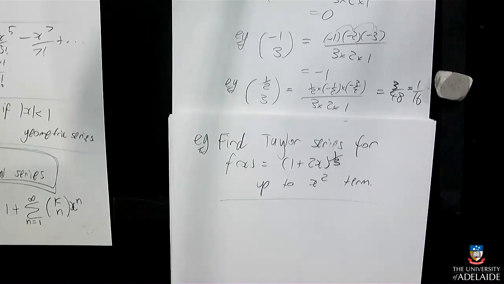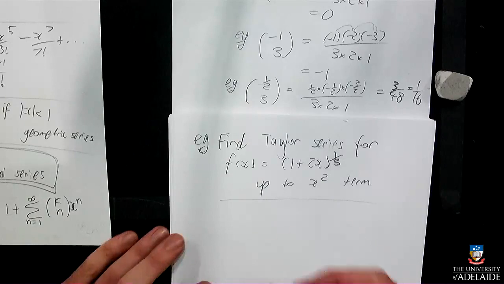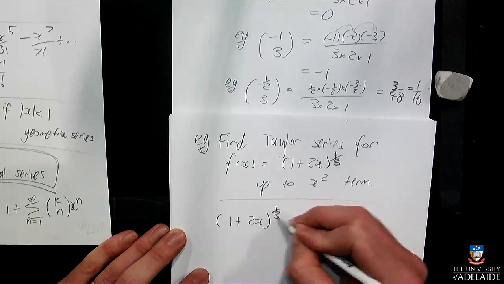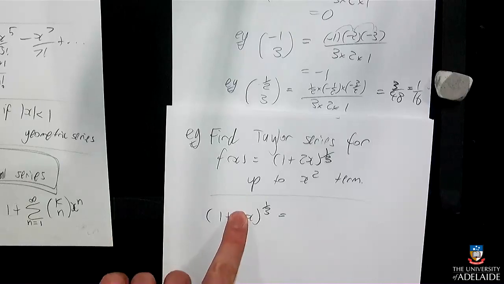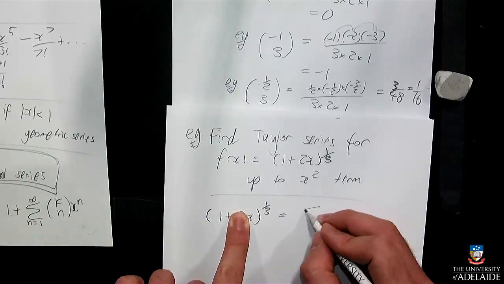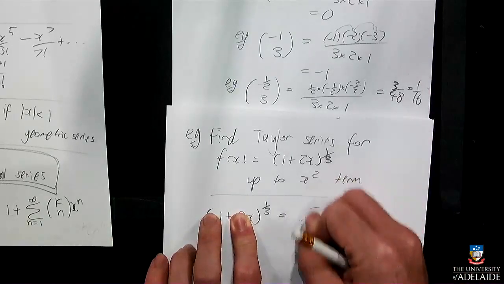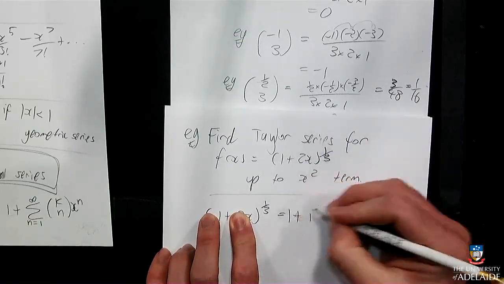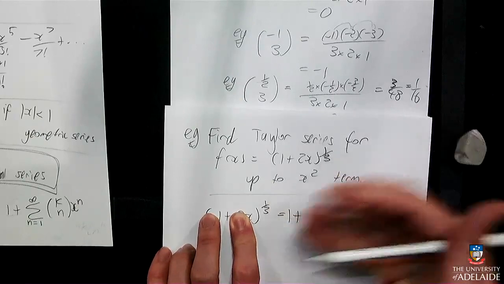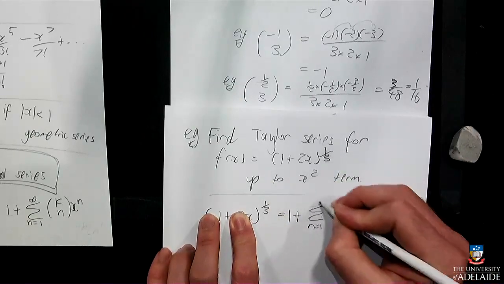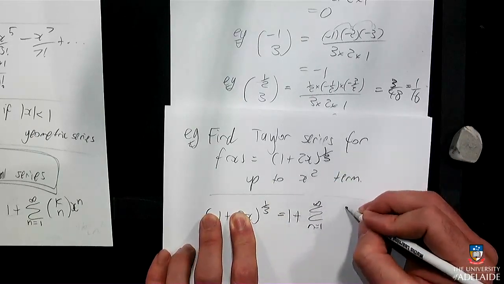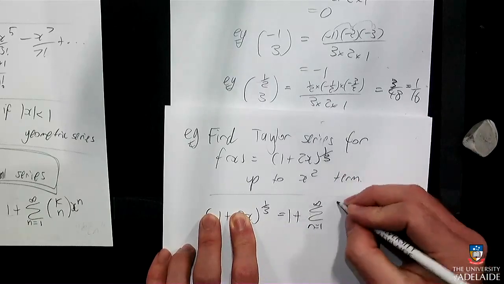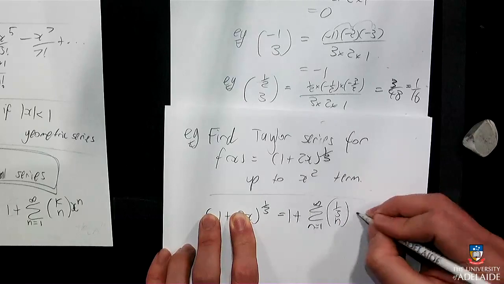So the binomial expansion says that 1 plus x to the third, if it was just an x, would be 1 plus the sum from n equals 1 to infinity of 1/3 choose n times x to the n.